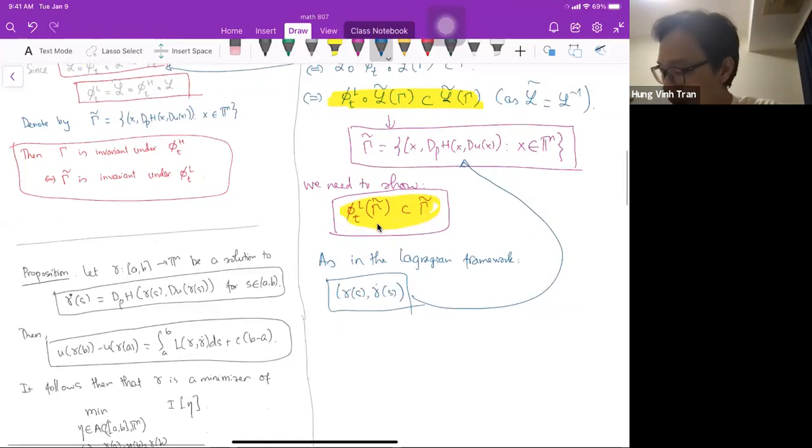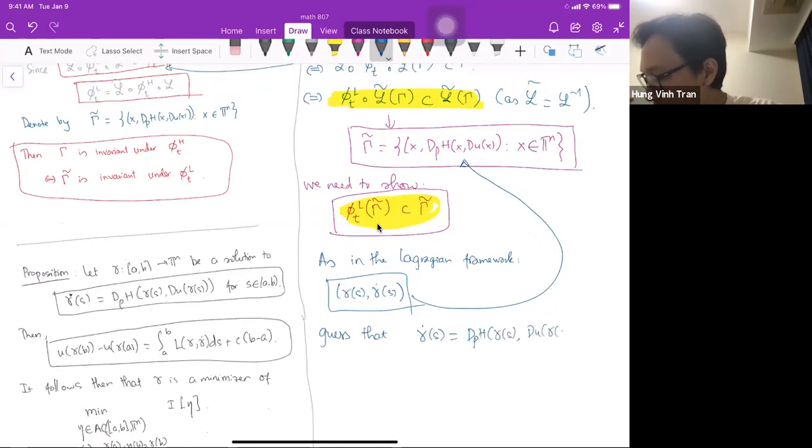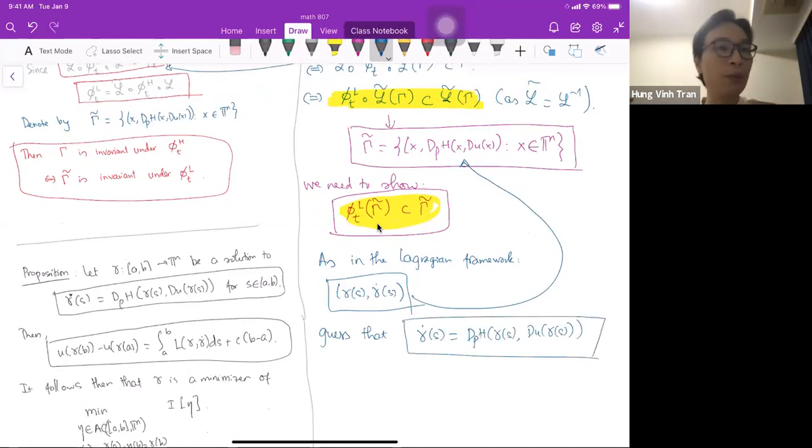Then you can guess that gamma dot s is nothing but dph of gamma s, du of gamma s. Okay, so that's why I'm saying that the proof I'm presenting to you now is an ad hoc proof, because we can guess the form of the velocity of the curve. So we guess that's the point, and then we just plug in, right? We plug in and see that, do we have invariance under the Lagrangian flow? Okay, so it's ad hoc for now.